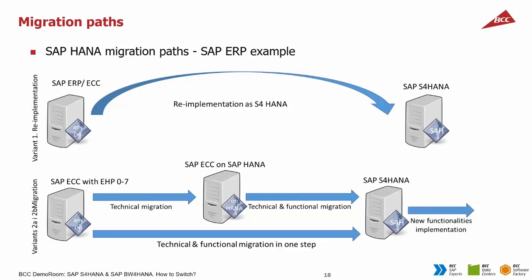And look at migration paths. There are several ones. If you have a really old system with a lot of customizing in it, with a lot of extensions, and the system has some parts that are not used anymore, for example, some processes became obsolete with time, sometimes it's good to make another implementation of the SAP system so that the system could be refreshed.